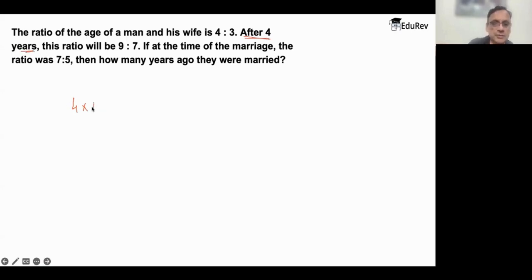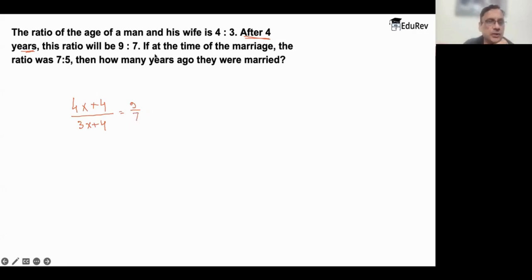After 4 years, it will be 4x plus 4. Wife at present is 3x because the ratio is 4:3. And after 4 years, she'll be 3x plus 4. 4 years will get added to both husband and wife's age. And this ratio is given to me as 9:7. This is my first equation.